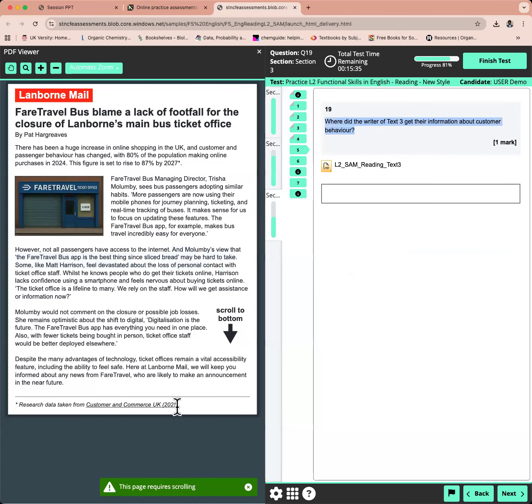Now, I would spot this in the first paragraph straight away because this is a behavioral trend which has been quoted by the writer Pat, saying that consumers are now moving to online shopping and the online shopping trend is bound to continue. It is going to increase over the years, and he's using some statistics or data from the report. This is what is actually showing the behavior.